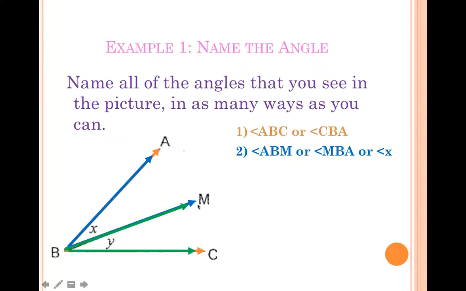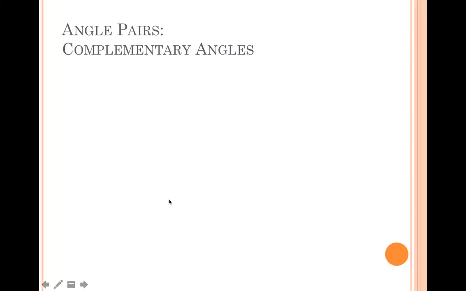Again, I could start with a point on one ray, shift to the vertex and go to the other point, or I can name it by the letter inside it. So I can name this angle MBC, angle CBM, or I can name it by the cute little Y on the inside, so angle Y. So those are the ways to name all three of the angles found in the picture. Pretty cool, right? The angle has several different names that represent it, which is kind of cool.